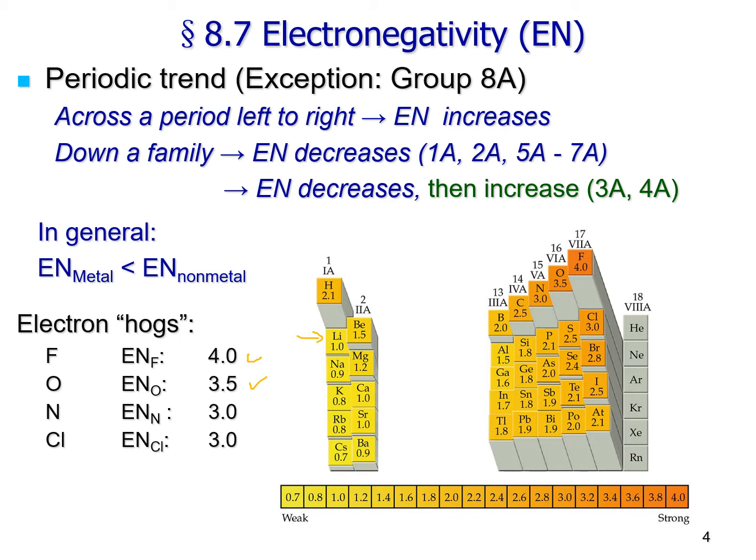And one more thing I'd like you guys to keep in mind is that hydrogen has the value of 2.1, and we consider hydrogen as the least electronegative nonmetal element. Of course, you may argue, hey, we got a boron 2.0 here. Why should we consider hydrogen?